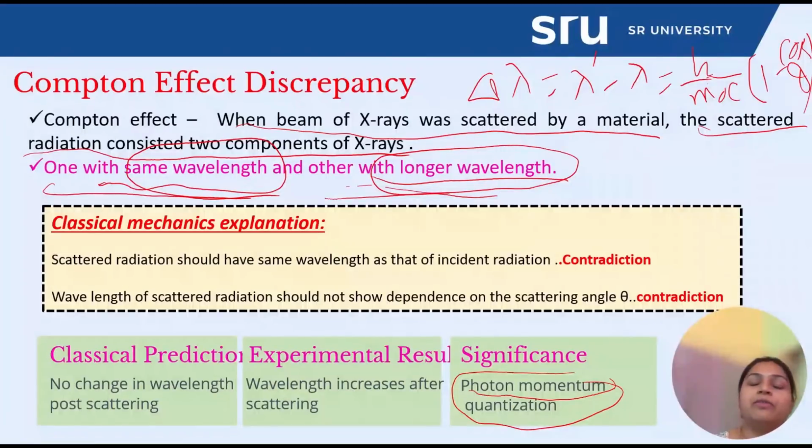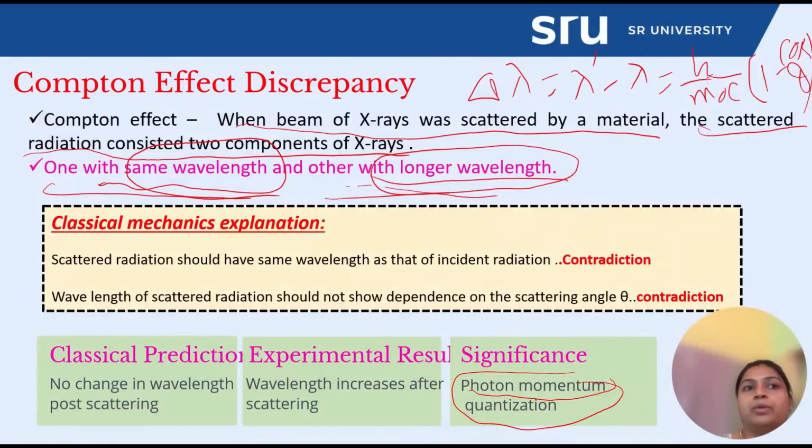The significance we can identify from the Compton effect is that it provides direct evidence for photons carrying momentum and reinforces Einstein's photon theory. Classical wave theory failed to account for the wavelength shift, and the effect supported the duality of light, both wave and particle.